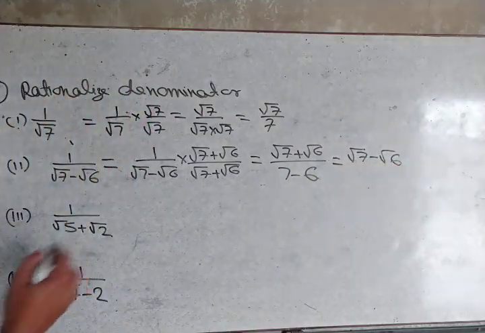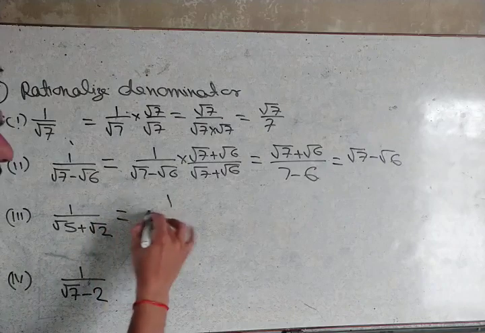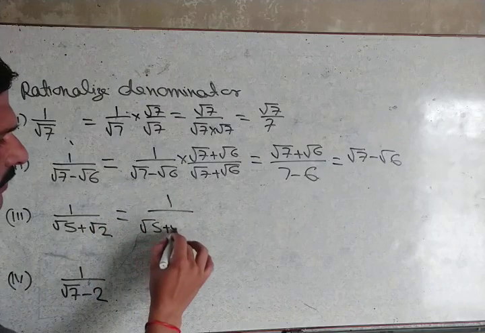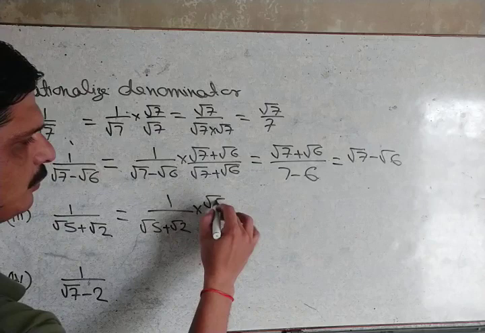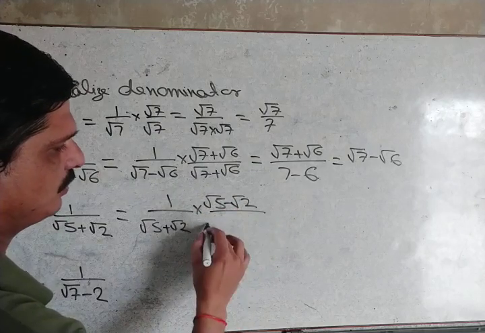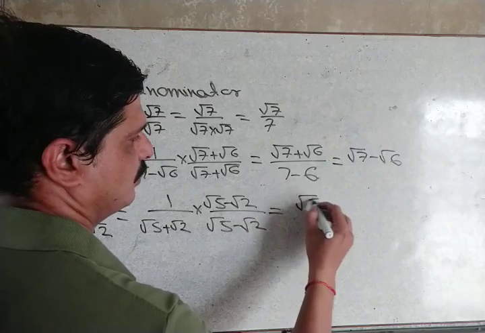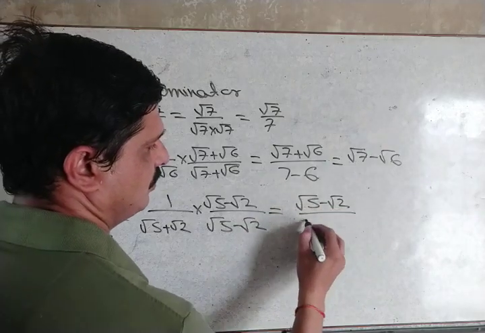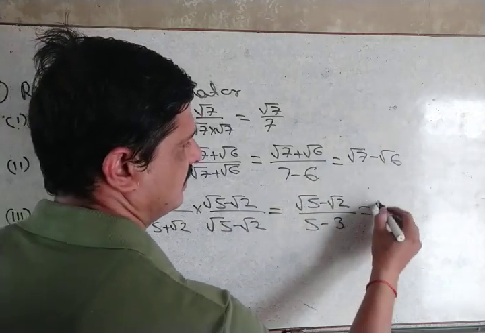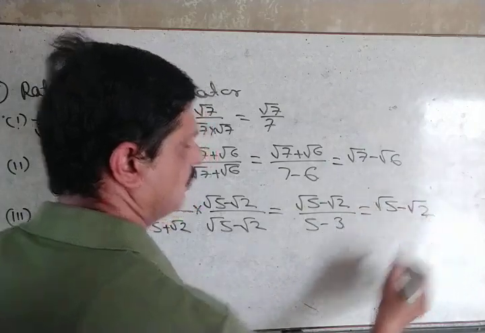For this we need to multiply what? Root 5 minus root 2. Root 5 minus root 2, 5 minus 3, that is root 5 minus root 2.